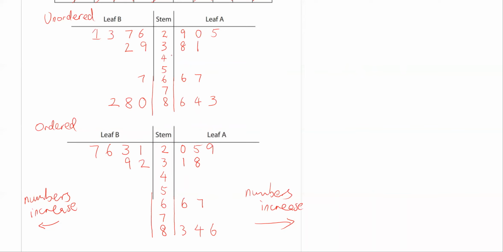Nothing in the 40s, nothing in the 50s. One number in the 60s, 67, nothing in the 70s. And then we have 80, 82, and 88. And that covers all the data in both set A and set B.